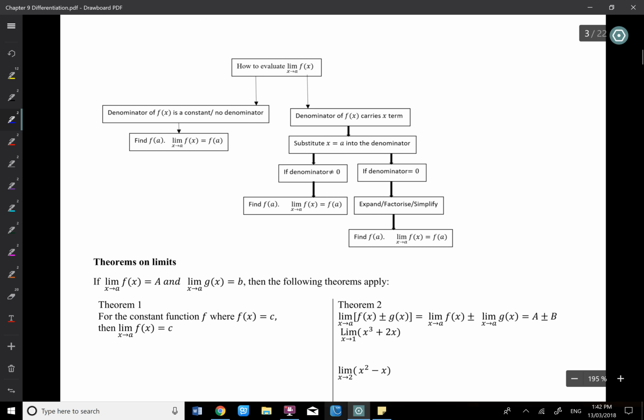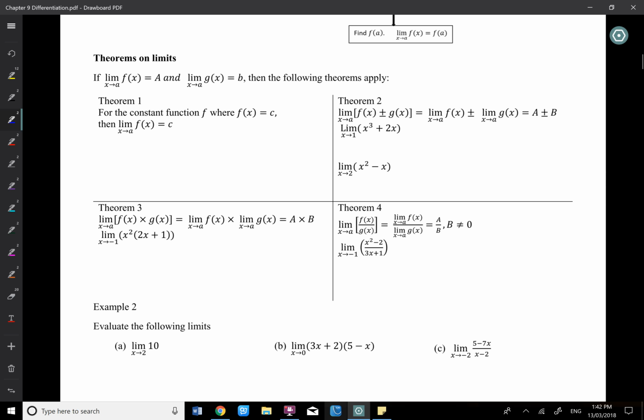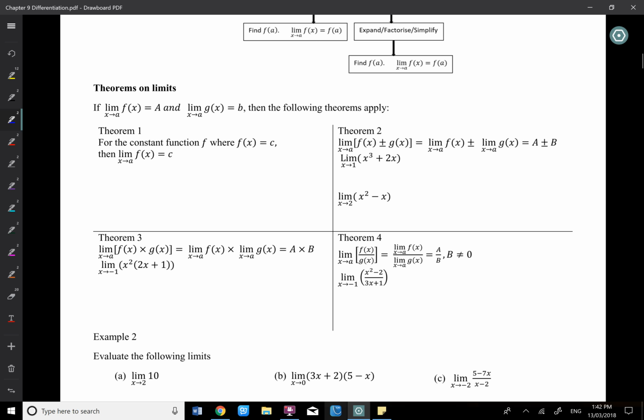Okay, moving on to example, next page, question 3. Page 3. There's 4 theorems, but I want you to only remember the first one. The other 3 are really useless.